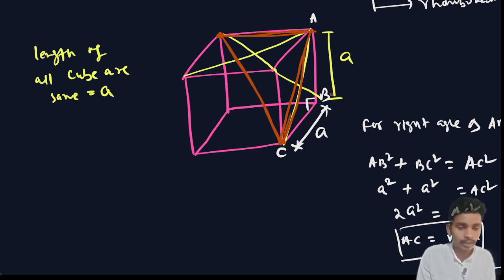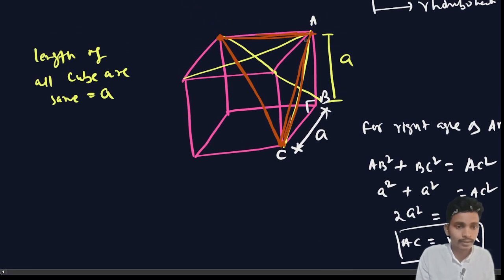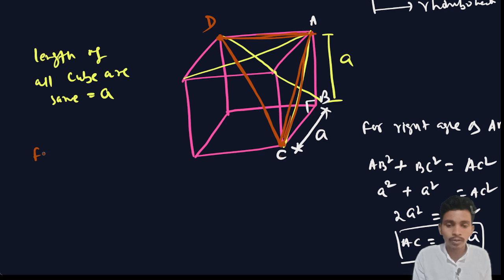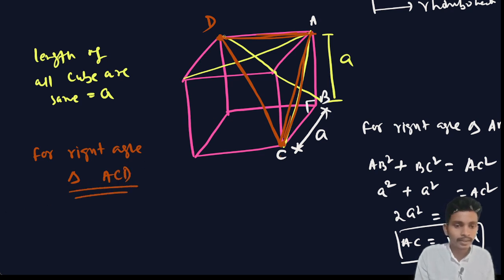Let's say this is AC, and let's say this is D. So for a right angle triangle ACD, this is the hypotenuse. So this plus this is equal to this, that is AD square plus AC square is going to be the CD square.